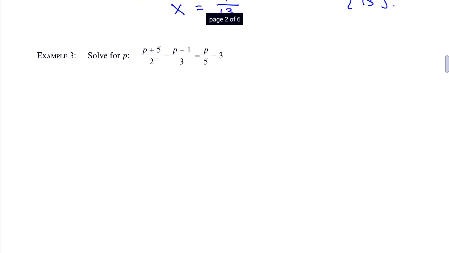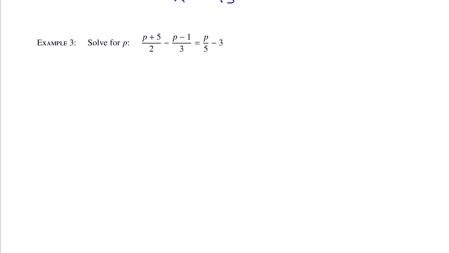Example 3, solve for p. (p plus 5) over 2 minus (p minus 1) over 3 is equal to p over 5 minus 3. To solve an equation that has denominators, one thing that we'll do is clear out denominators. We do that by multiplying both sides of the equation by the least common denominator.